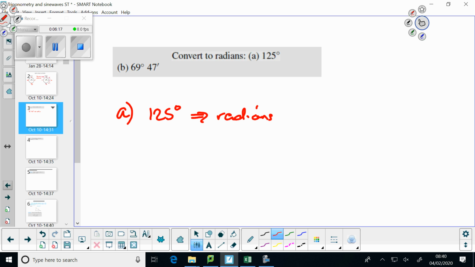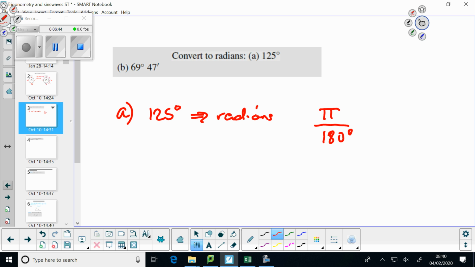How can I work out what 1 degree is worth? The whole circle is 2 pi radians, so half a circle is pi radians. If we divide that by 180 degrees, we've got what 1 degree is worth.